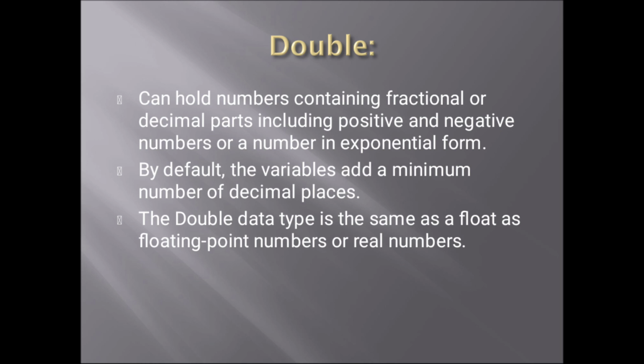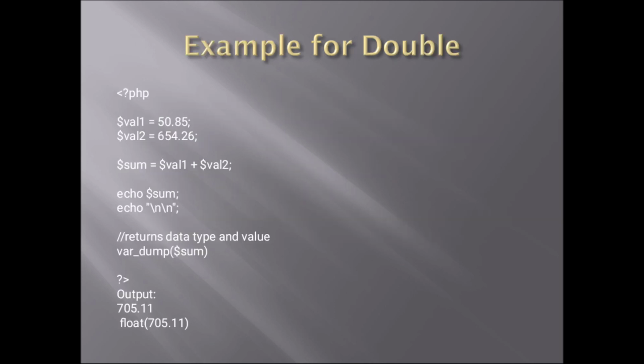This is the double. For the double example, we first open the opening tag of PHP. Then we use two variables, dollar val 1 and dollar val 2, and add the two values.